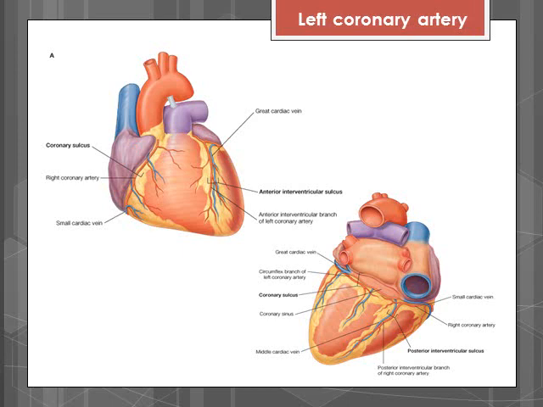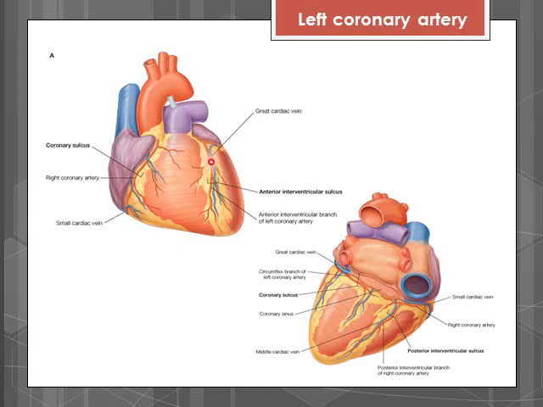The left coronary artery arises from the left posterior aortic sinus, passes between the pulmonary trunk and the left auricle for a short stem that bifurcates into two large branches, anterior interventricular branch and circumflex branch.